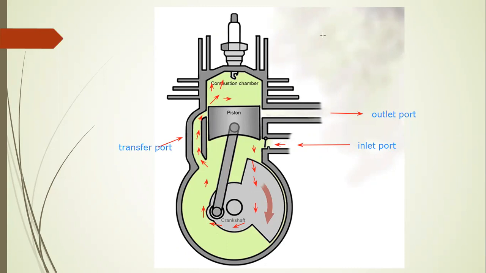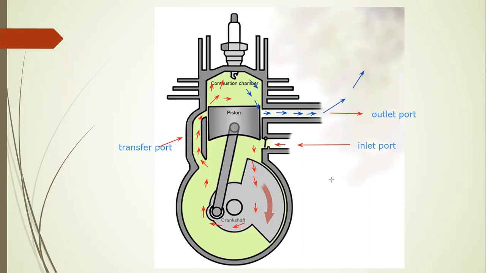At this time, a second process is also there. The burning fuel is coming out from the cylinder. The burning fuel passes this way to the exhaust port or outlet port and comes out of the engine to the atmosphere. This is the total process.